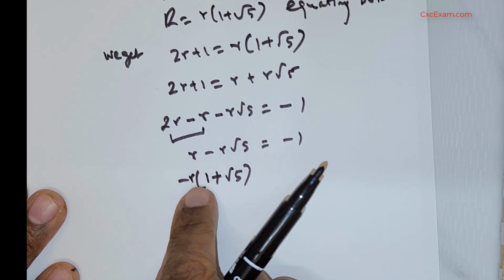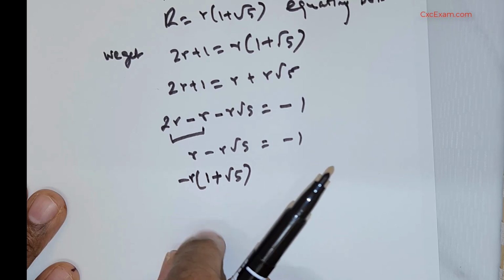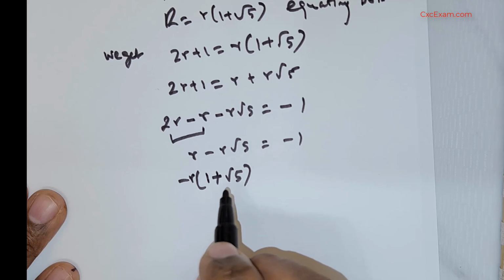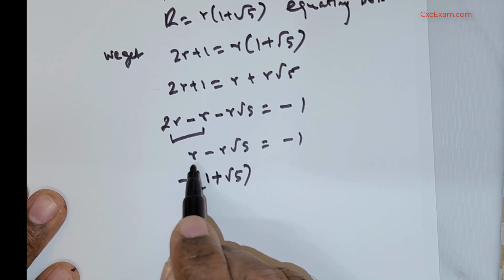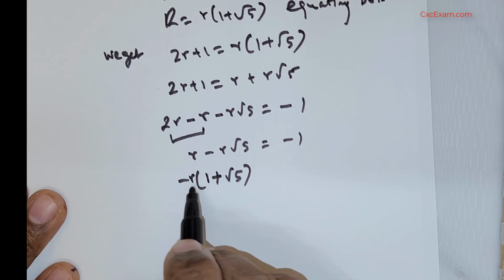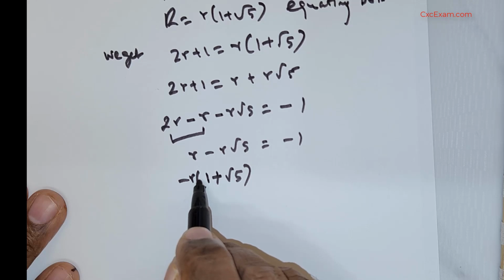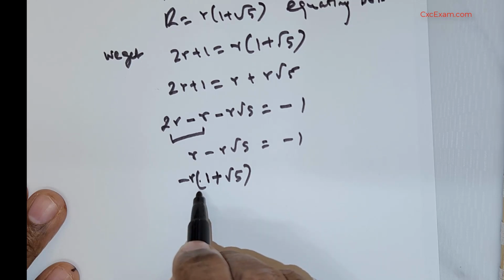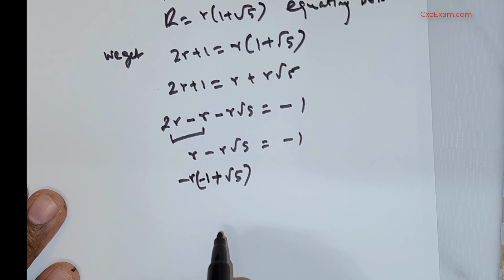I take an r out. So this is going to be, because we are taking the negative sign out, clearly this has to be negative, right? When I multiply negative r with 1, I should get a negative value. So this is going to be negative 1.